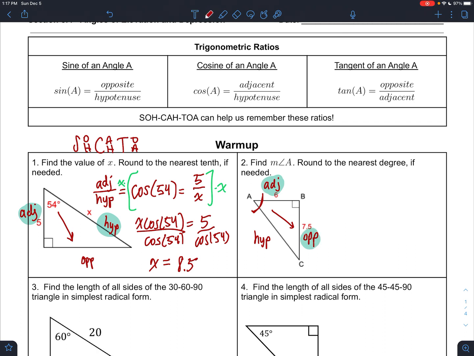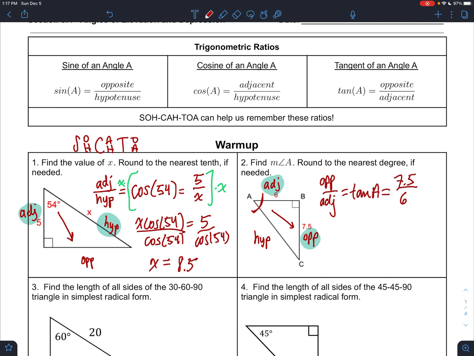So I know nothing about the hypotenuse, so I'm not going to use that. I'm going to use opposite adjacent, which is tangent. So I'll put A as the angle, and opposite over adjacent. All right.